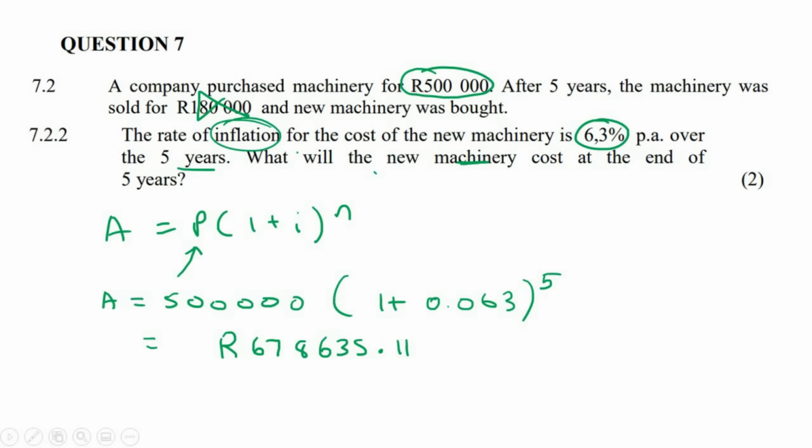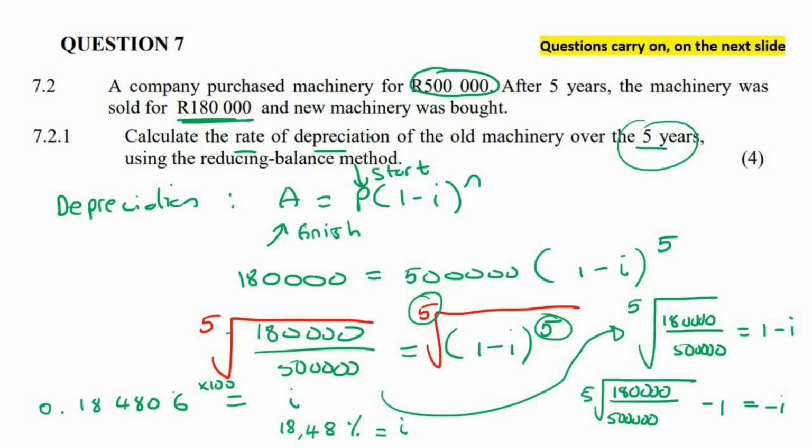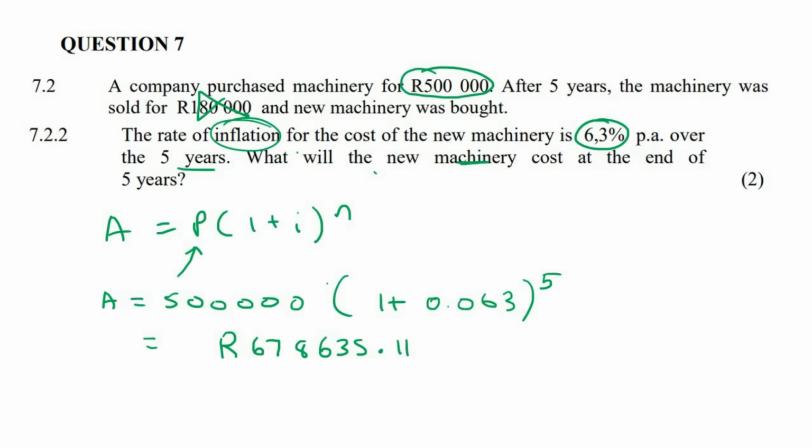If you're confused why we didn't use 180,000 here, then you need to rewind and go to my example of the person buying the new car, and you would see that the inflation amount was always based on the brand new car, which was the 200,000. I didn't use the price of the old car. So think about this. In the previous question, we know that the equipment becomes 180,000 after 5 years, and the price of the new equipment becomes that.